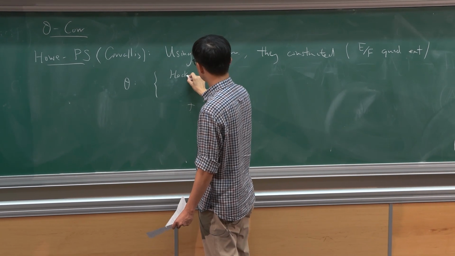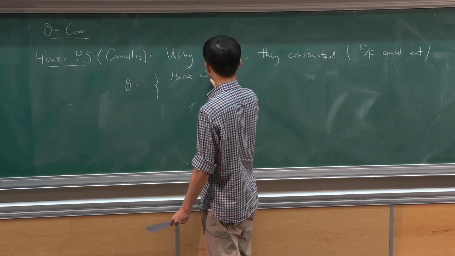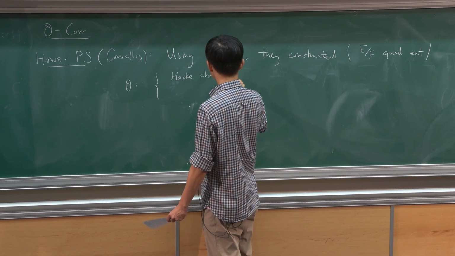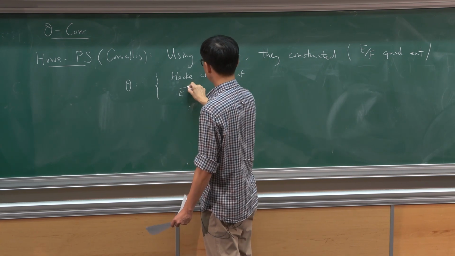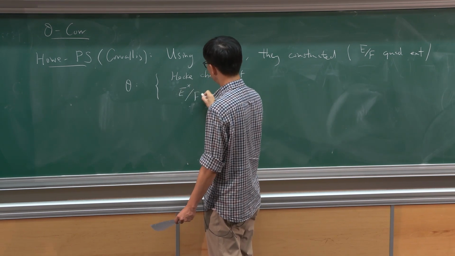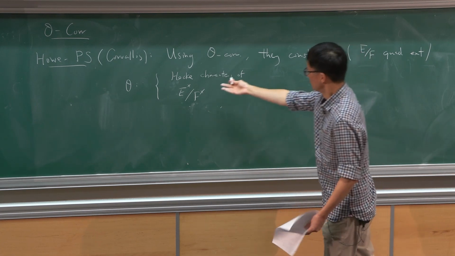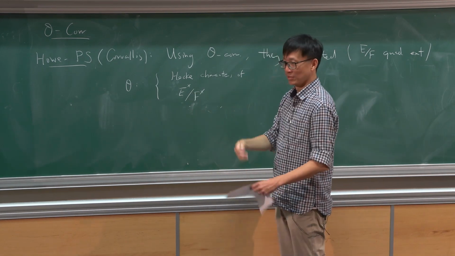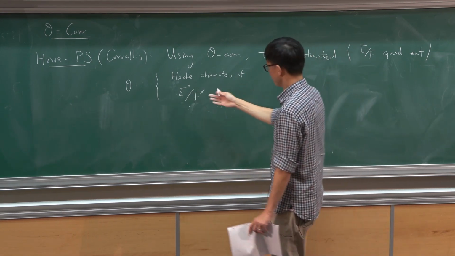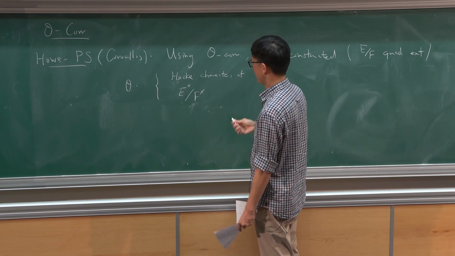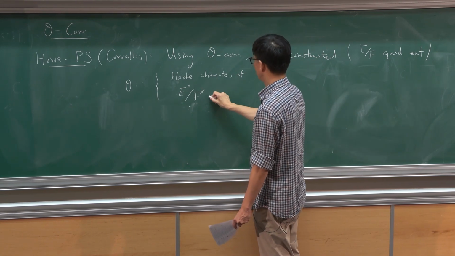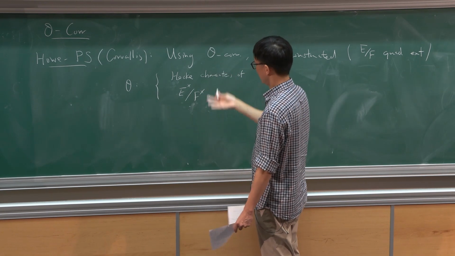What they did was they constructed Hecke characters of E cross, but let's assume that they are trivial on F cross. By which I mean automorphic characters on the adeles of E cross, but trivial on the adeles of F, which don't factor through the norms.